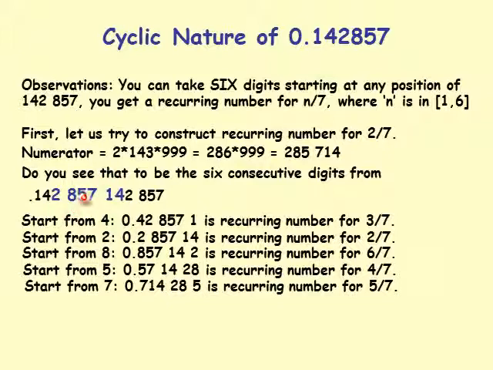Start at 5: 0.571428 is the recurring number for 4 over 7. Start at 7: we get 0.714285, which is the recurring number for 5 over 7. So we got 1 over 7 as this number, 2 over 7 as that number, 3 over 7, 4 over 7, 5 over 7, and 6 over 7 as these numbers.